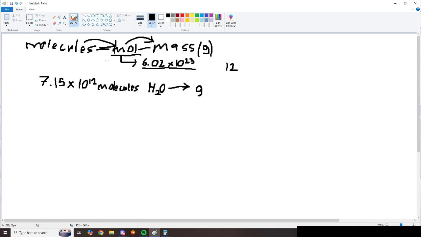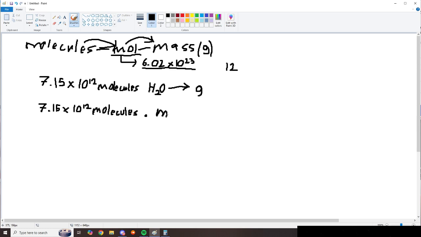So the first thing we do is we get our molecules. So we have 7.15 times 10 to the power of 12 molecules, and what we're going to do is we're going to times this by the unit we want to get on top, which is moles.